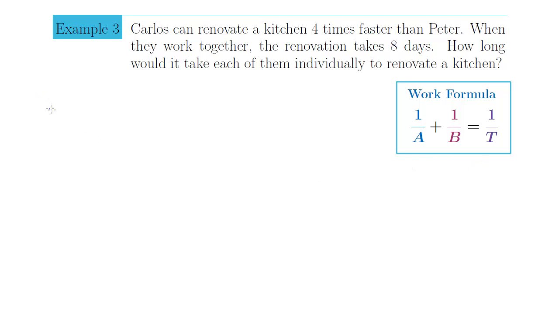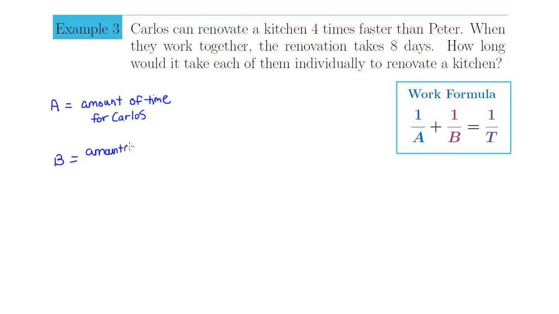So let's identify these variables off to the side. A is the amount of time that it would take Carlos to renovate the kitchen. So let's say amount of time for Carlos. And B is the amount of time it would take for Peter to renovate the kitchen by himself.